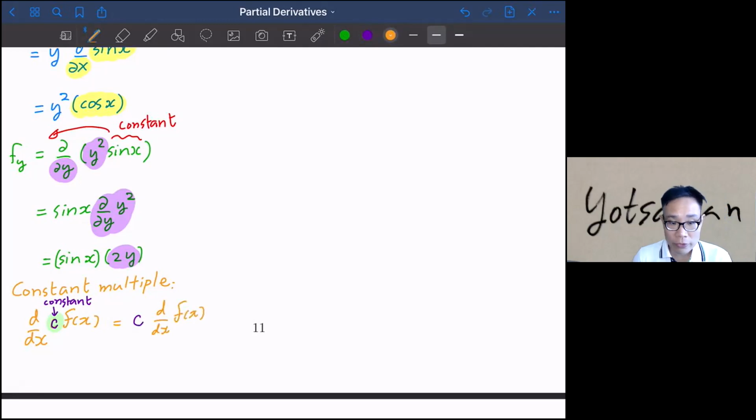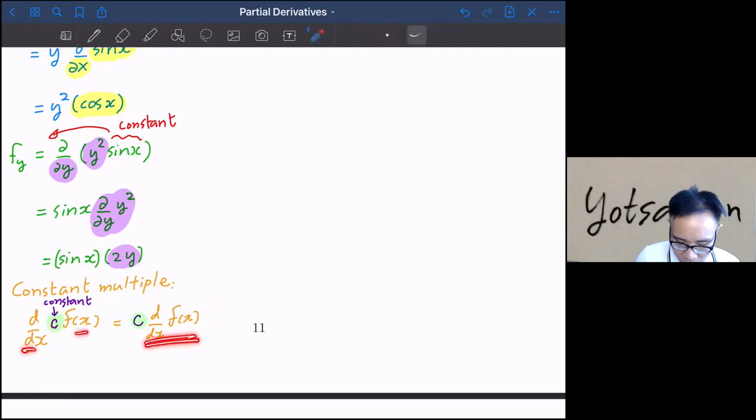This is something we learned last semester many times. Normally I teach it by saying you can just copy the constant down and differentiate the function in x. That is the constant multiple rule.